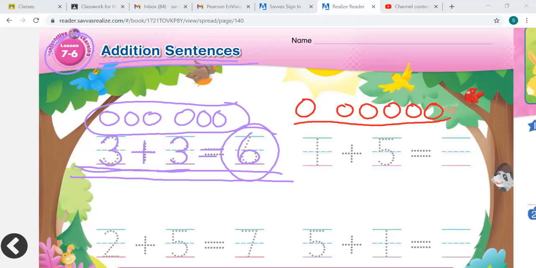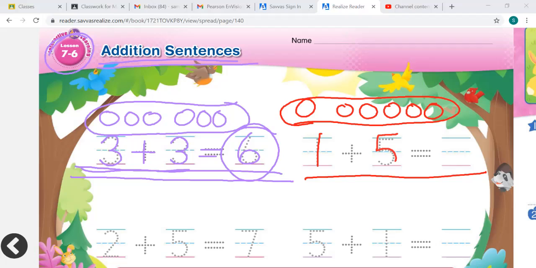We want to join our counters, and we want to write an addition sentence, right? So we have 2 groups of bunnies, and we want to show our groups that we're adding.